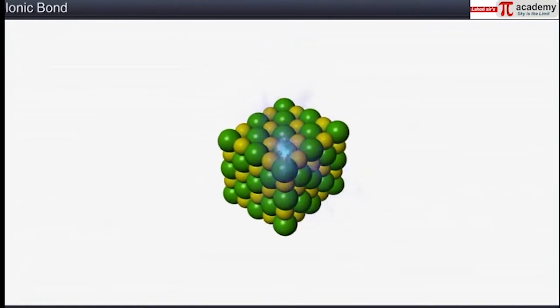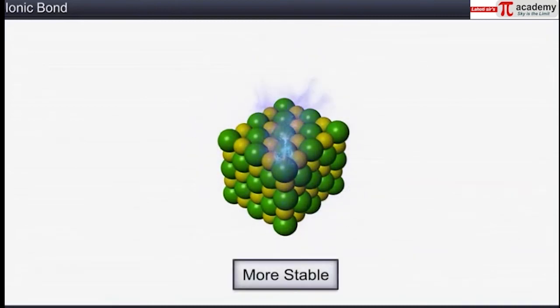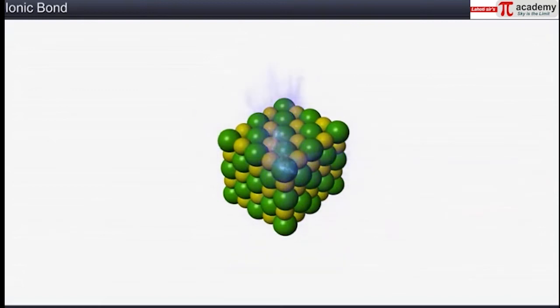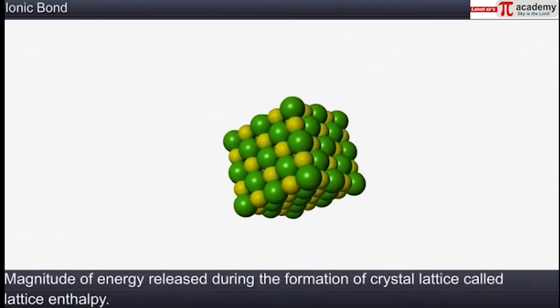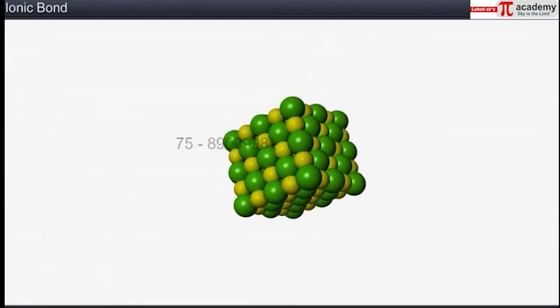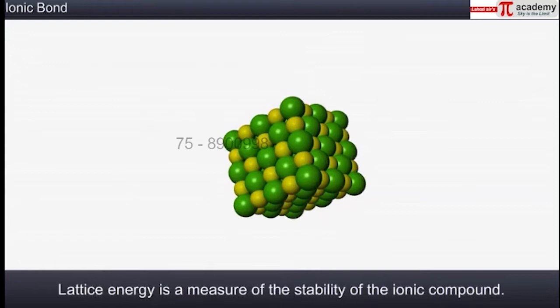Since energy is released in the process, it makes the crystal lattice more stable. Thus, the magnitude of energy released during the formation of crystal lattice, called lattice enthalpy, provides a measure for determination of the stability of the ionic compound.